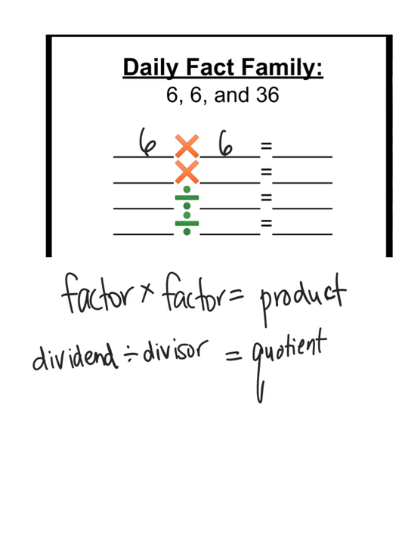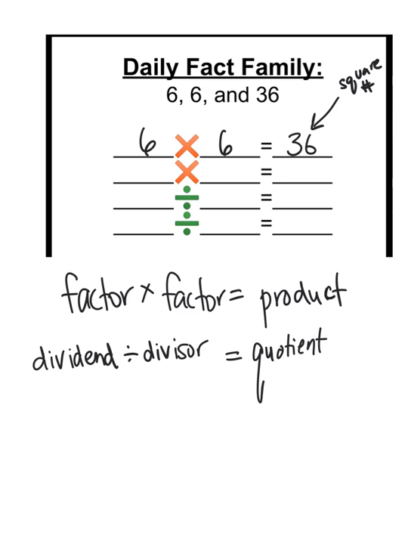Factor times factor gives us a product. Now this product is a very special number. What do we call it when we have a number where two factors are the same? We call it a square number.